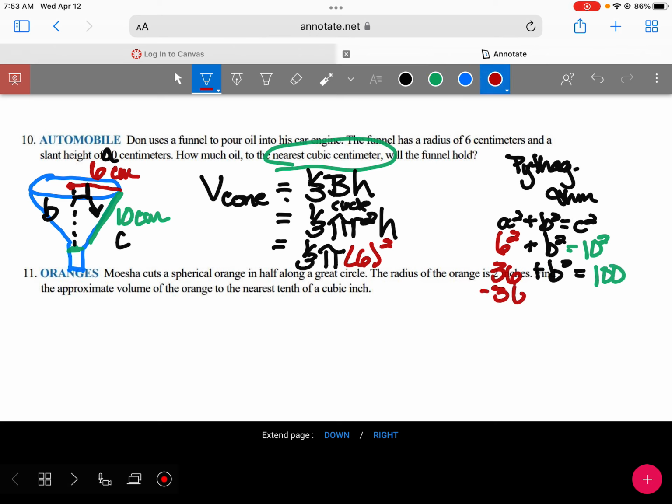Subtract 36 from both sides, and we get b squared equals 64. I do not want b squared. I want b. Take the square root. B is equal to 8. So the height of this funnel is going to be 8.